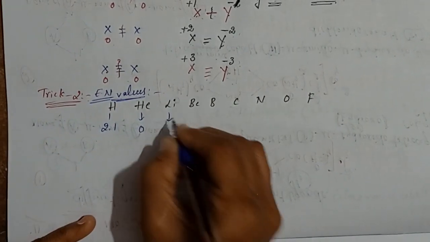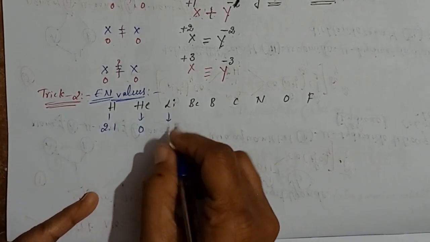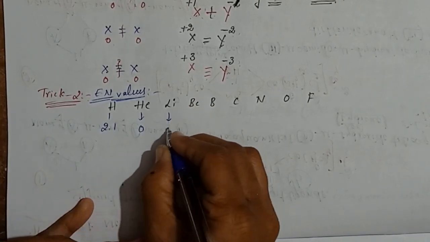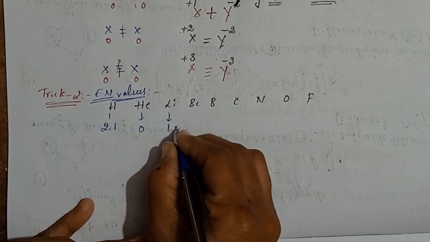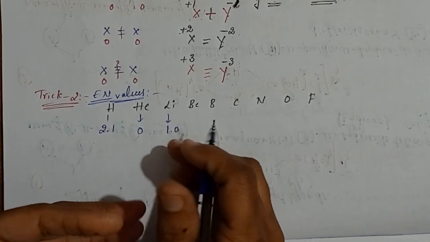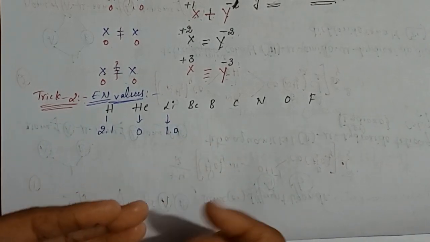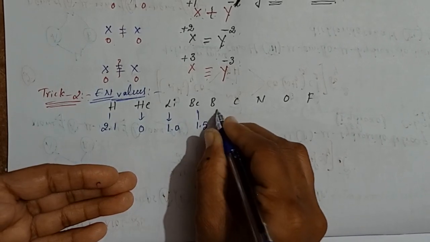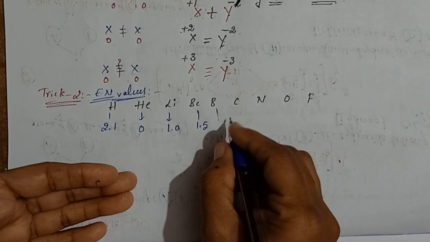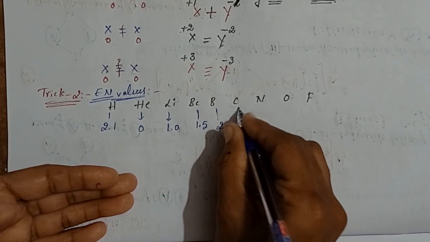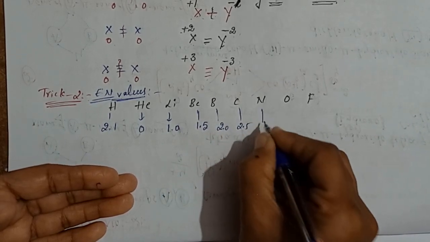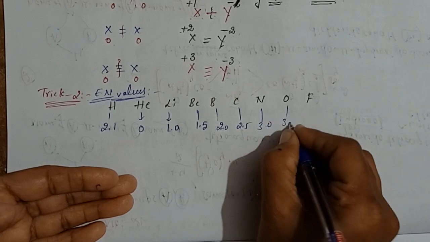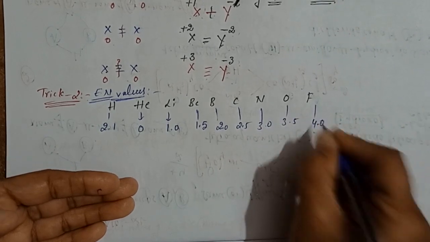From lithium, students, the electronegativity value of lithium is 1.0. Beryllium is 1.5, then 2.0, 2.5, 3.0, 3.5, and 4.0.